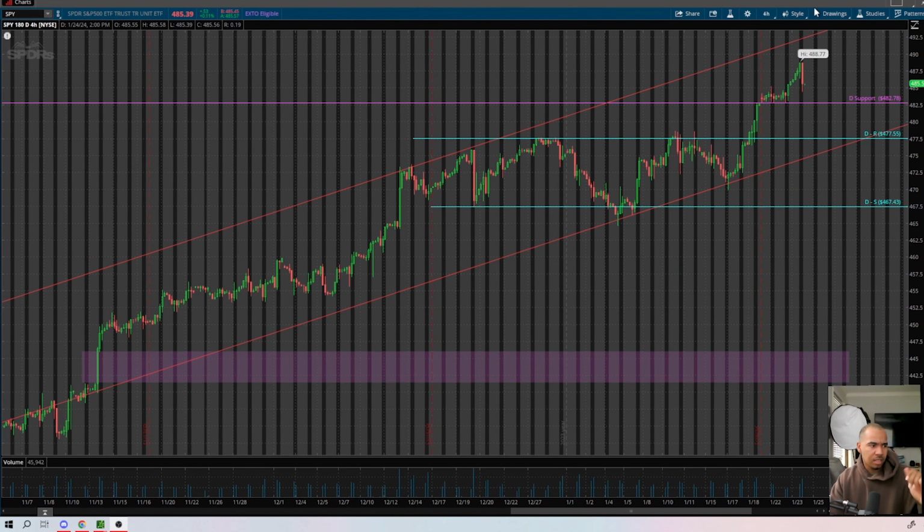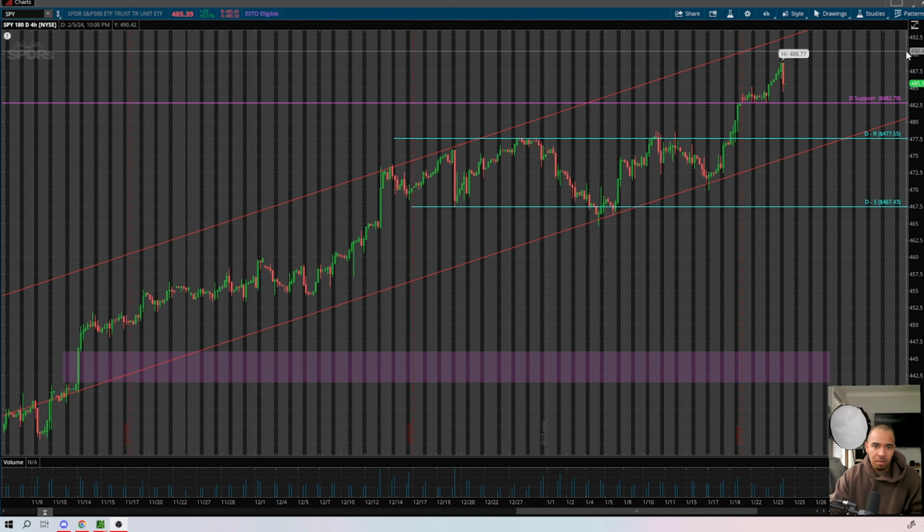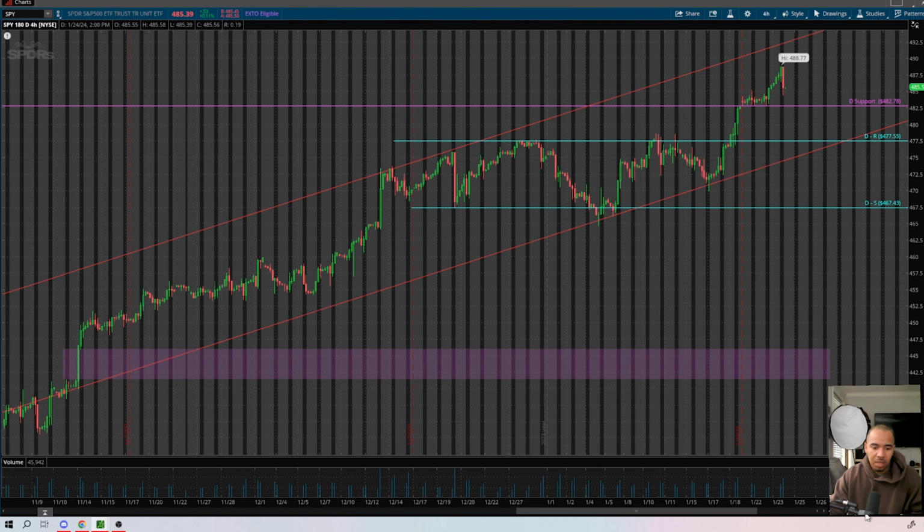To sum this up for you guys and give you an understanding of how I would play this personally, this is how I would play it. A break below 482.78 with a hold below this level, and I would like to play the rejection of this level up here.